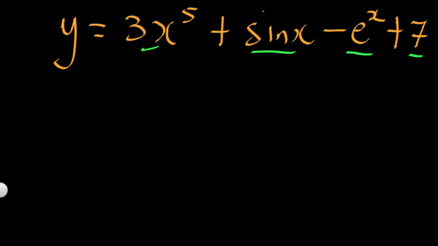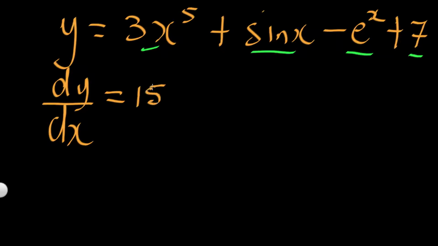So I'm just going to illustrate with this example. We have dy dx equal to, we just have to know how to differentiate each of the terms. That is what we do. So the derivative here is the derivative of each of the terms, added or subtracted. Now, the first one is going to give us 15x to the power 4.